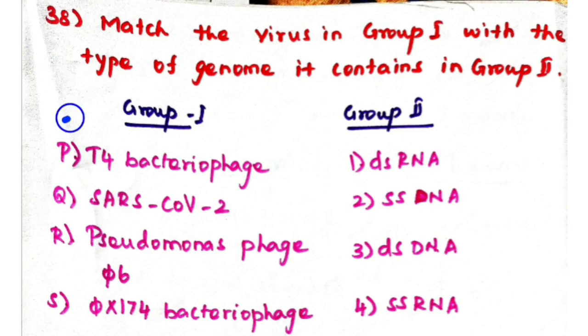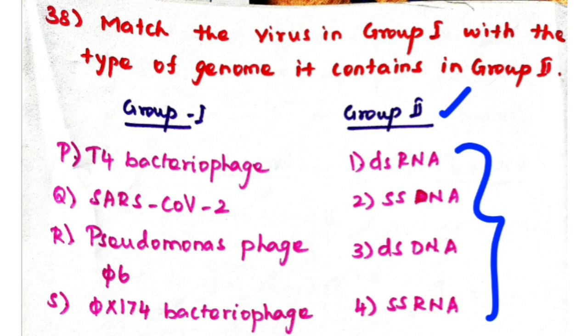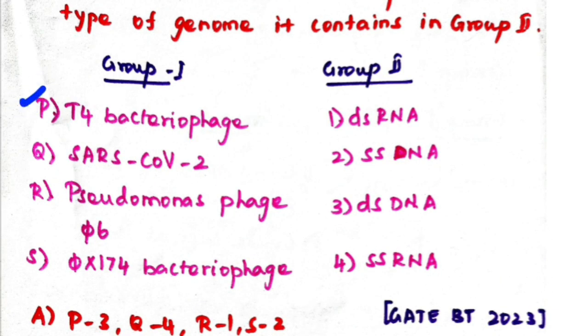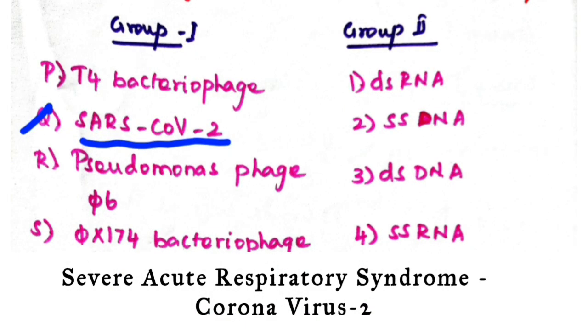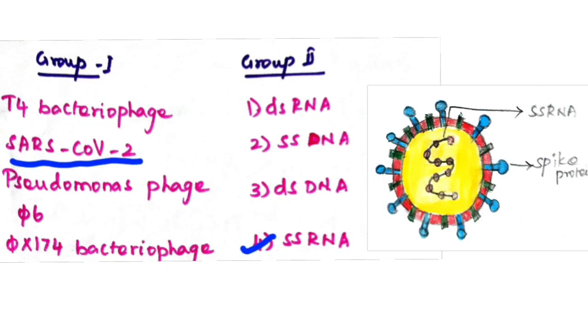So in the question, group 1 has some examples for DNA and RNA viruses and group 2 has the type of genome it contains. The first option, T4 bacteriophage, is an example for double-stranded DNA. The second option, SARS-CoV-2, that is severe acute respiratory syndrome coronavirus 2, has single-stranded RNA as a genome.